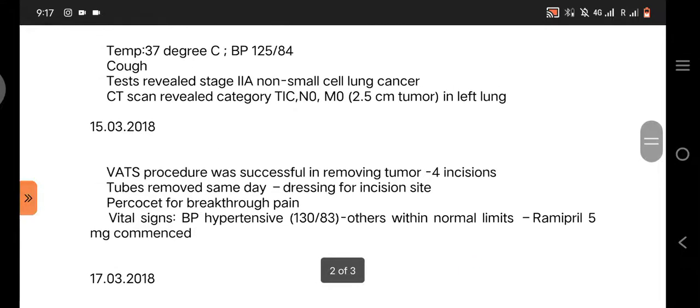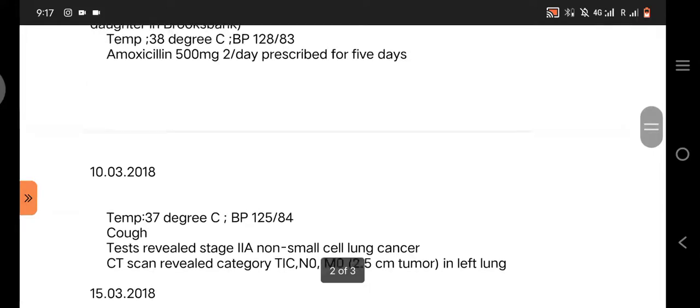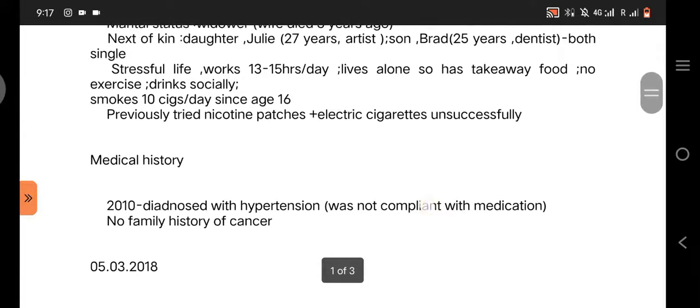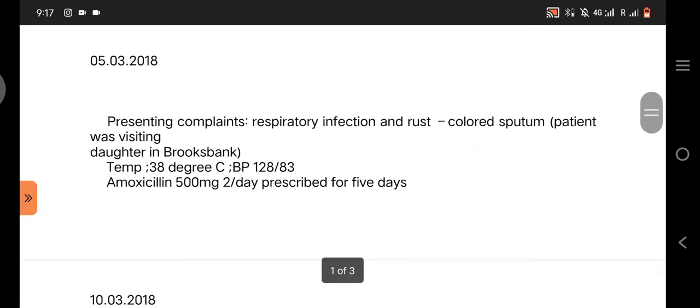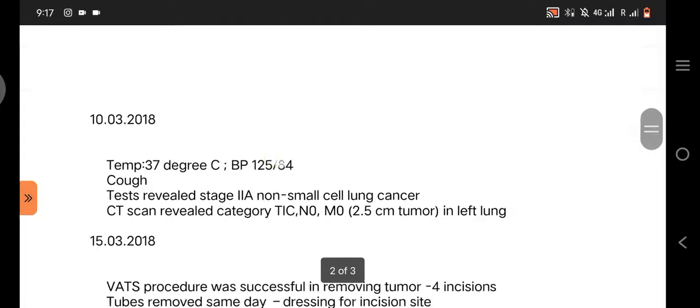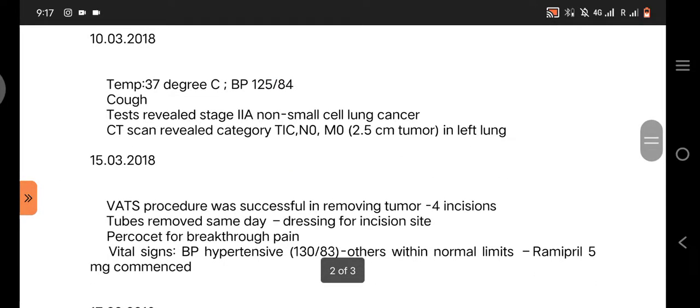And in the presenting complaints, you can write Mr. Taylor presented to hospital with respiratory infection and rust colored sputum. He was managed with amoxicillin 500 mg twice daily for 5 days. On subsequent days, his investigations revealed the category and those things you can just write.